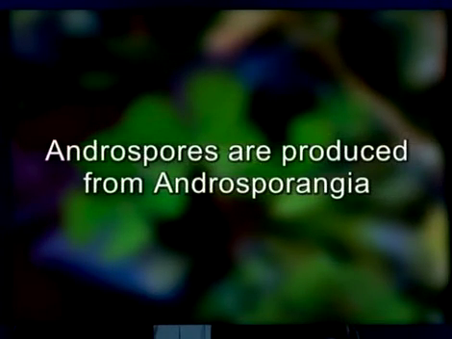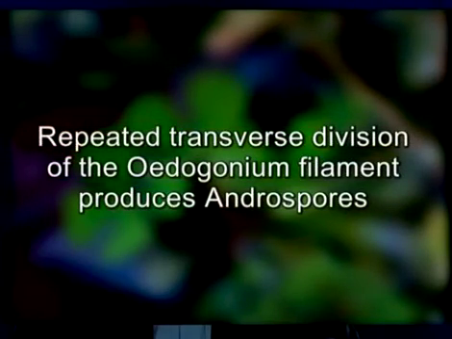The androspores are produced from the androsporangia and are just like zoospores, having a crown of flagella at the base of their beak. These androspores are produced from the main filament by the repeated transverse division of the Oedogonium filament.